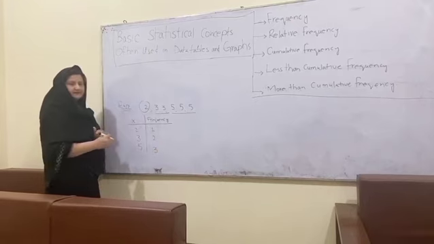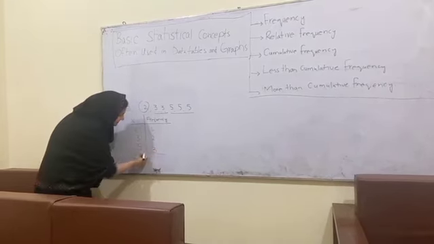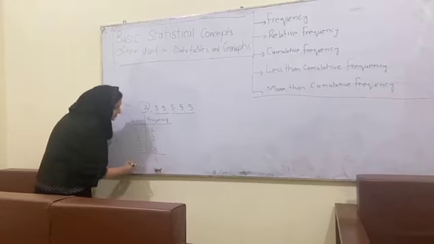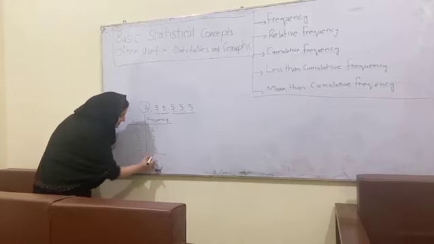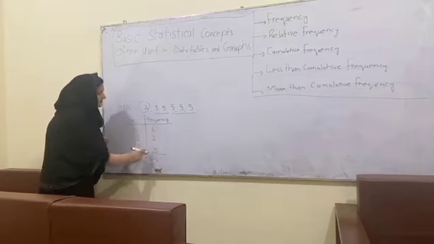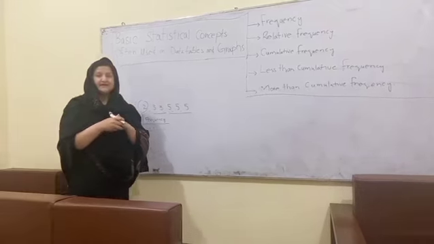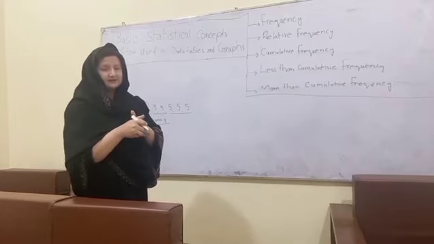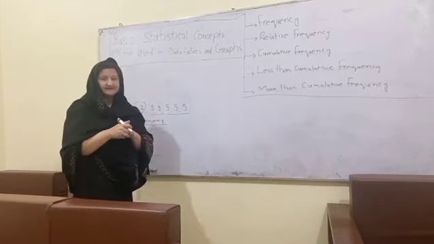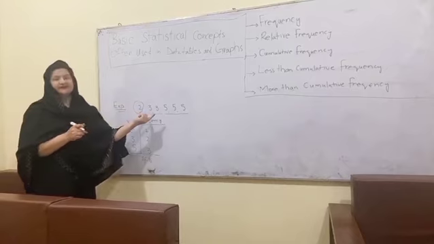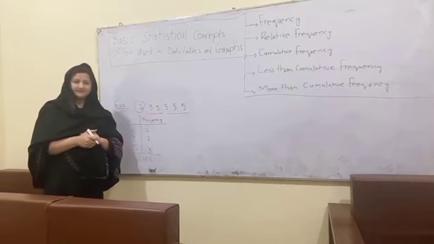So the total is 6 observations. The summation of this column is 6. So frequency here means the number of occurrences of values in a data set.